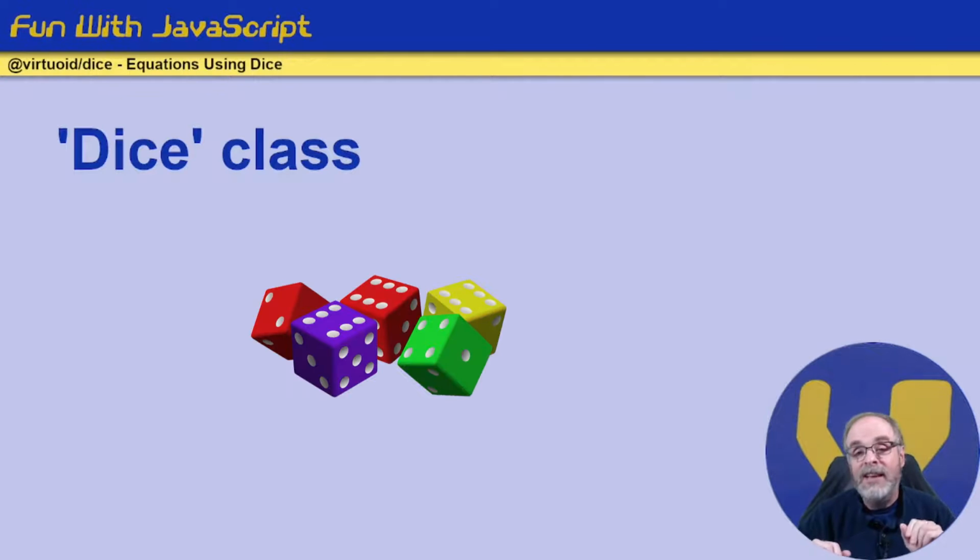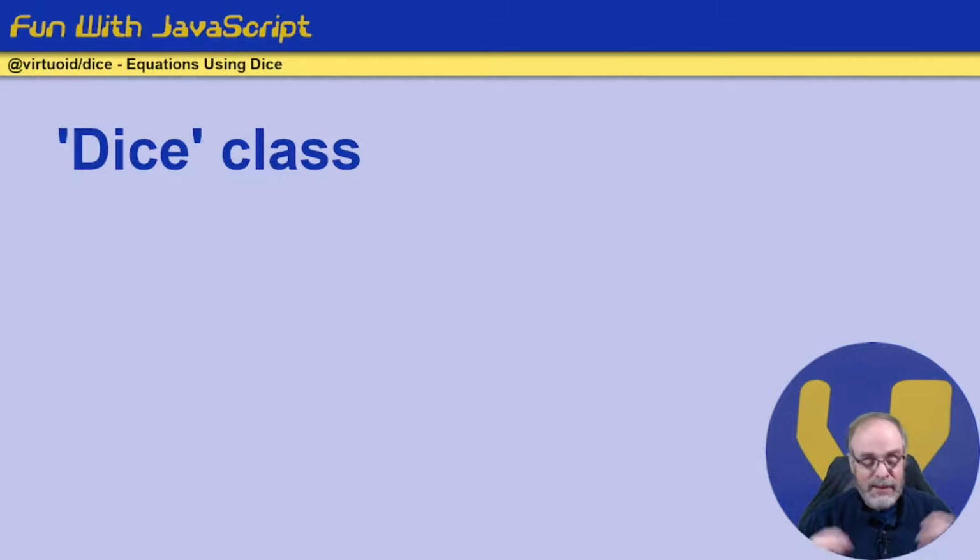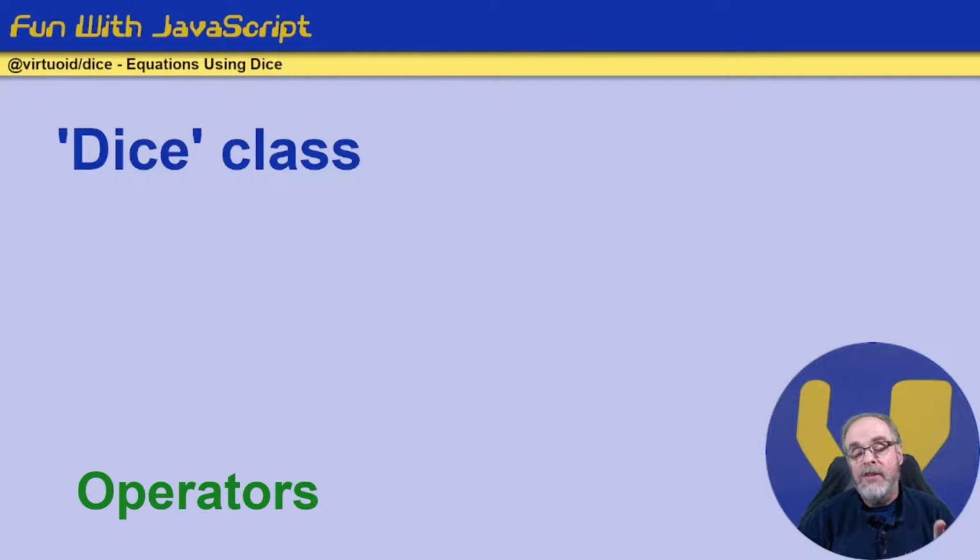So this dice class that we're going to be working with is not only going to roll your dice for you, but you can also write entire equations. What I'm going to show you is how you can write equations using a double stack method. This is the method that I learned many years ago, and it still works today. There might be better ones out there, but it's the one I'm used to. Basically, in a double stack method, as you parse the equation, you'll have one stack that represents the operators.